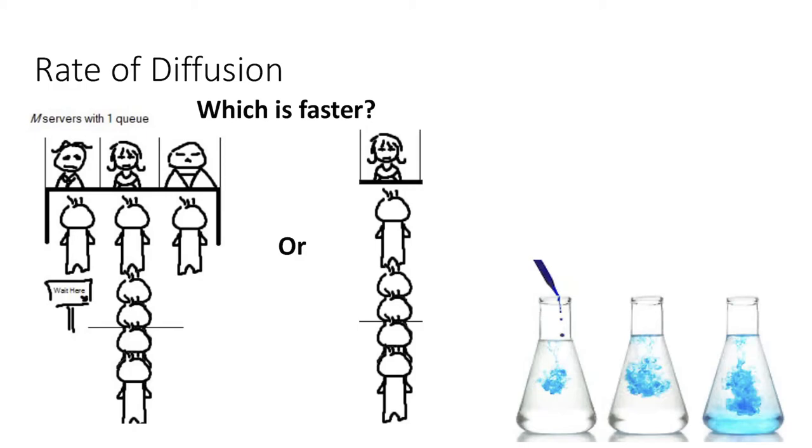And if there is a delay in that one register, then there's going to be a longer queue in general. When it comes to diffusion, if there are more points in which your particles can pass through, there's less time actually queuing up for the particles outside to get into the cell.